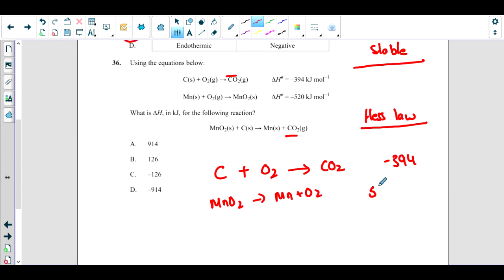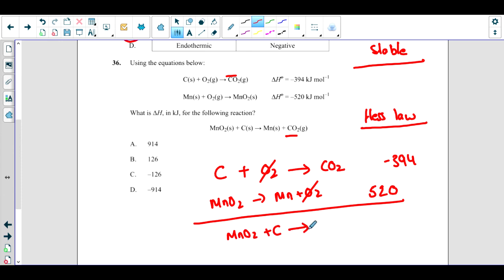We flipped it, so it became 520. Let's see if anything cancels. Reactant, product cancels. We get MnO2 plus C gives us Mn plus CO2. We get the main equation which we have here, and this is the same. So when we solve it, we get the difference of 126. So the correct answer is 126.